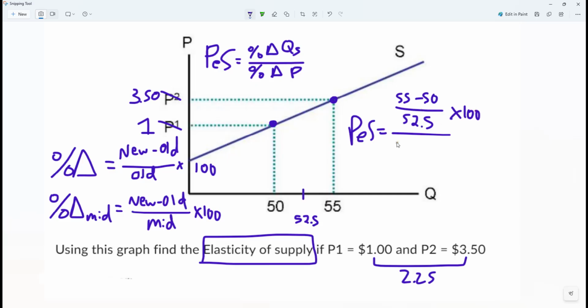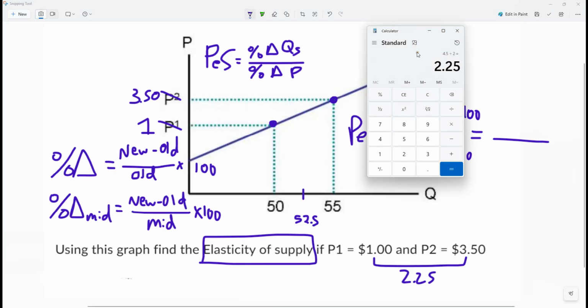We'll put that in the calculator in a second. And then on the price side, it's 1 to 350. So 350 would be the price for 55, minus 1, over our midpoint there, 225, times 100.